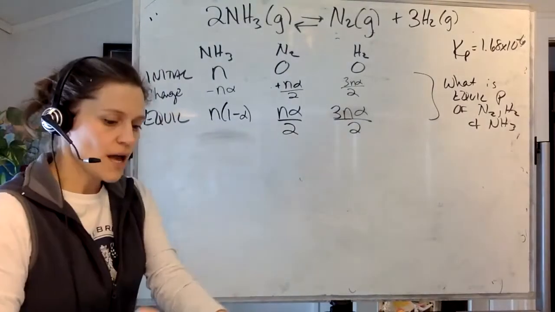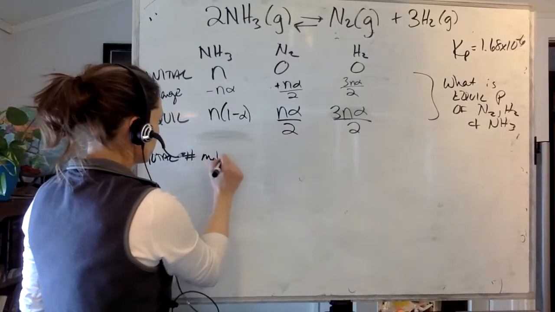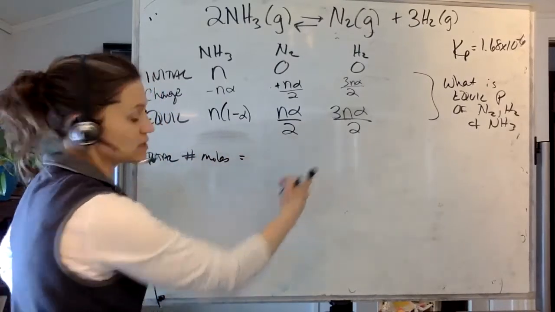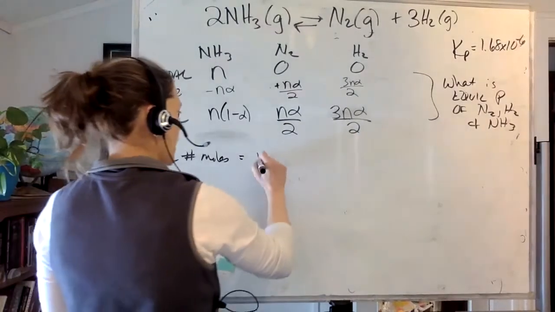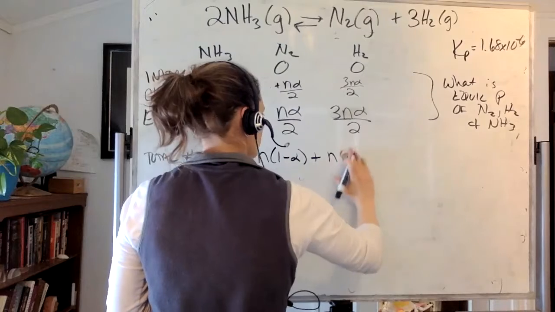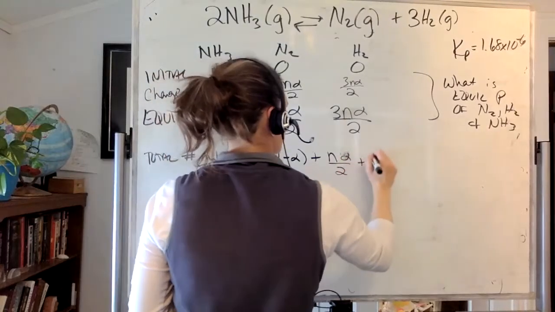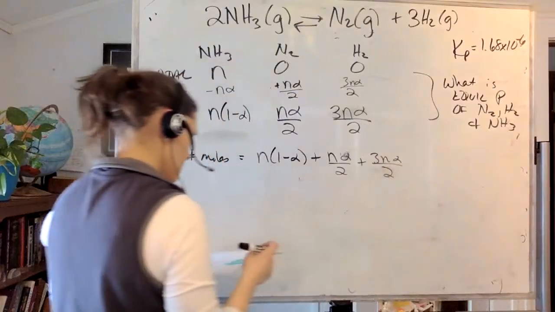So now, the total number of moles at equilibrium is equal to the sum of those. So you've got N times (1 minus alpha) plus N alpha divided by 2 plus 3 N alpha divided by 2. Okay?